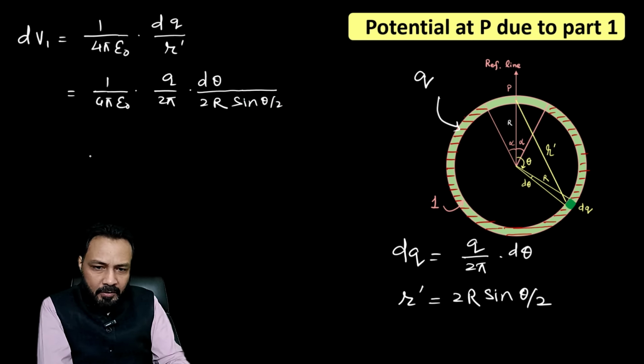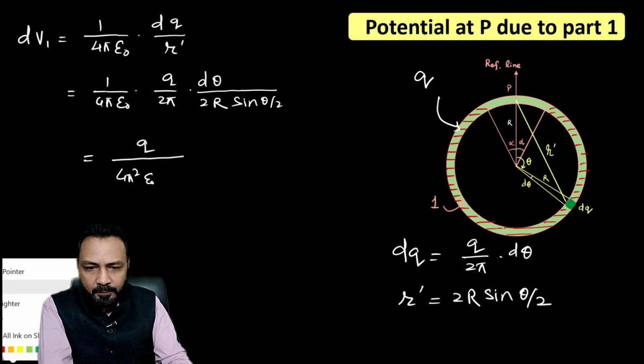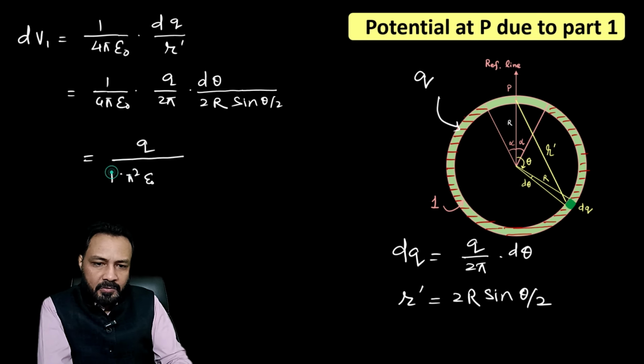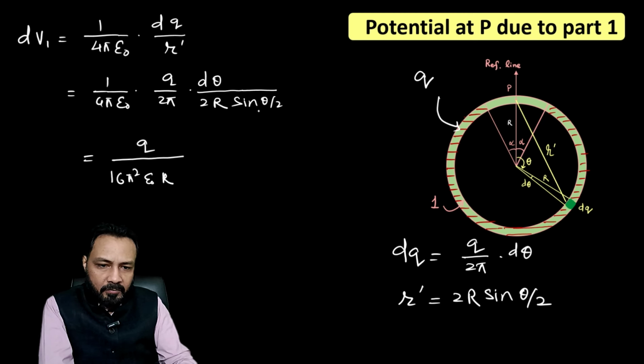So that will be q divided by 4 into 2, 8, into 2, 16 pi square epsilon naught r, and here that thing will become cosec theta by 2 d theta.